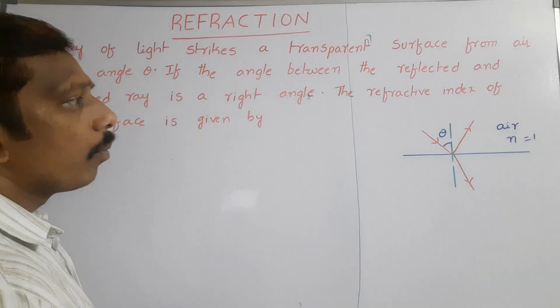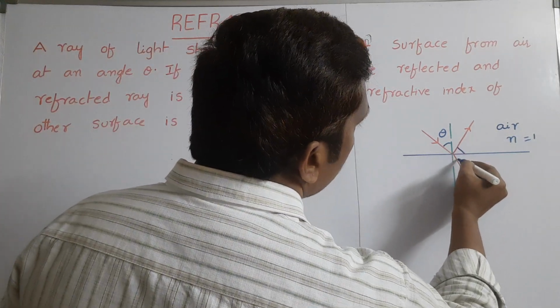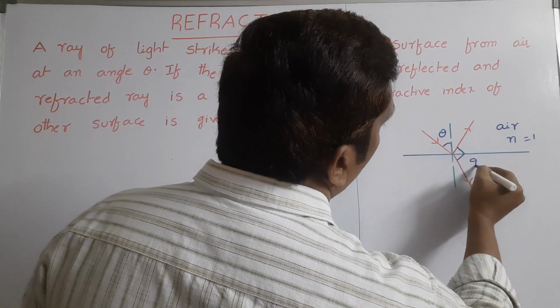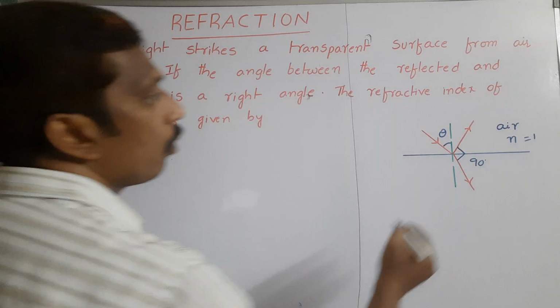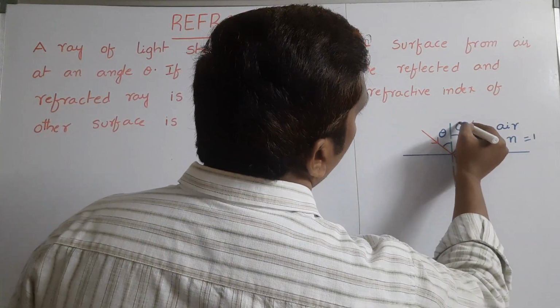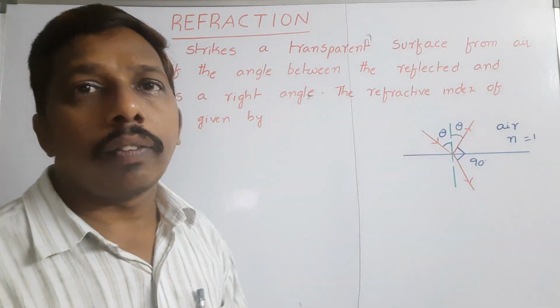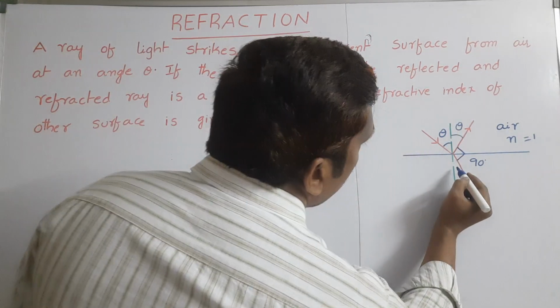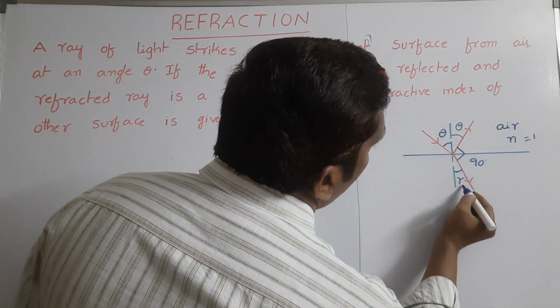Here what is given? The angle between the reflected and refracted beams is equal to 90 degrees. We know the angle of incidence is equal to the angle of reflection, so this angle is also equal to theta. This refracted angle is taken as R1.